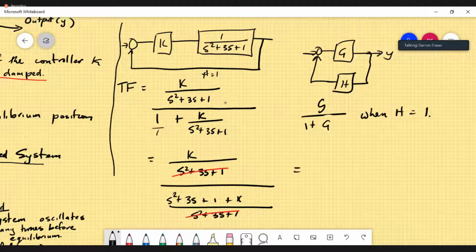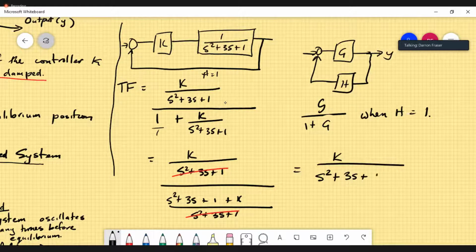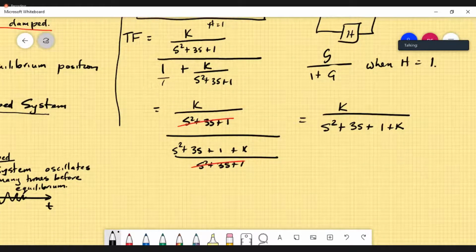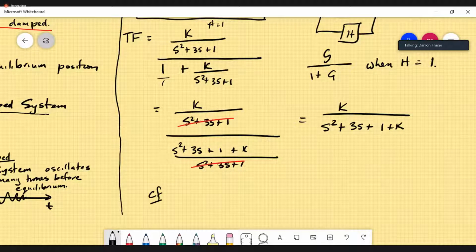So it equals K over S squared plus 3S plus 1 plus K. That's the transfer function of our system. And what we are going to compare it with are the denominators.